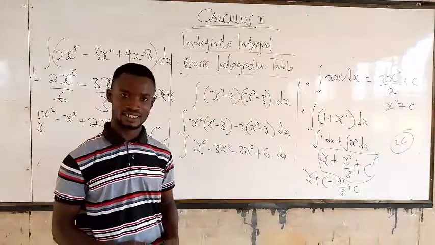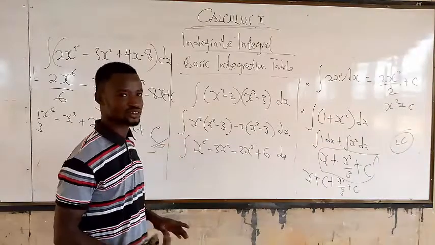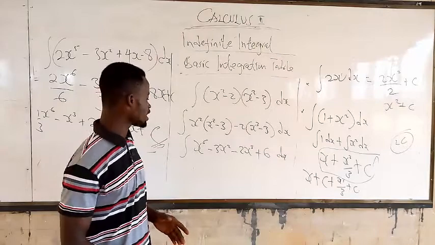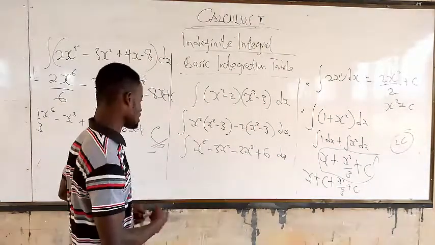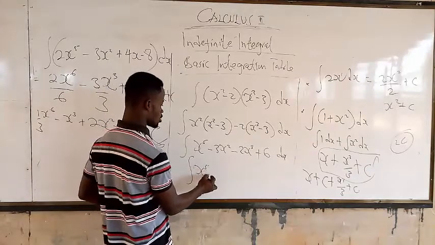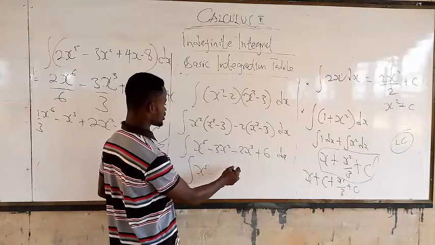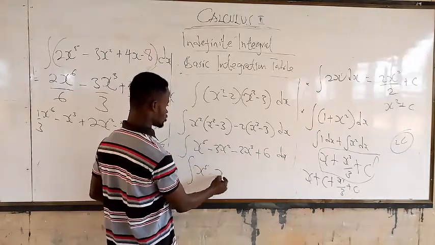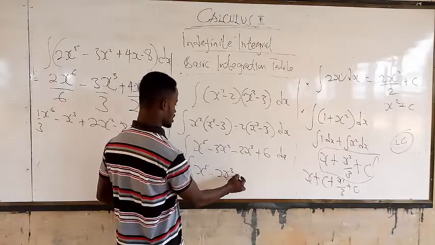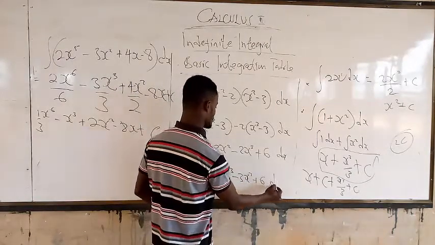We haven't taken the integration, so keep on repeating the integral sign until you take the integration. Once you start taking the integration, then you stop writing the integral sign. So x to the power 5 minus 3x squared minus 2x cubed plus 6.